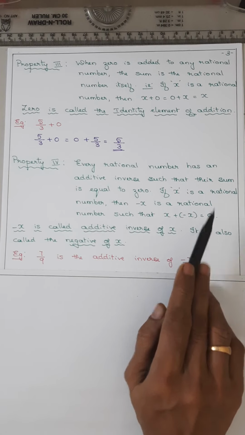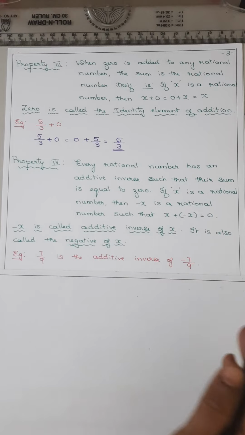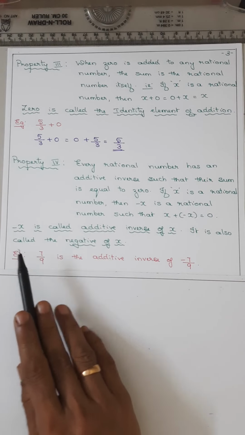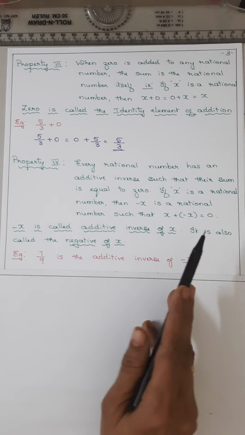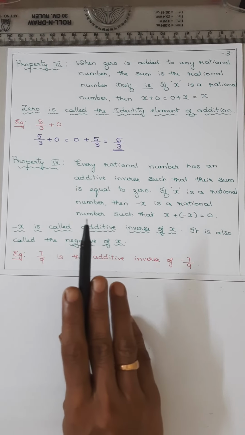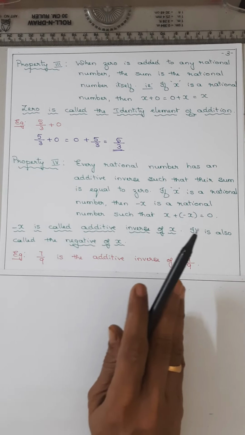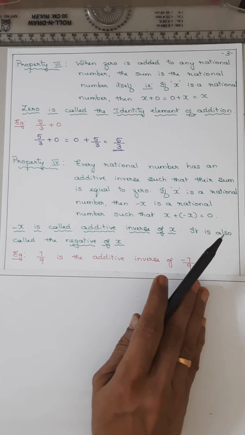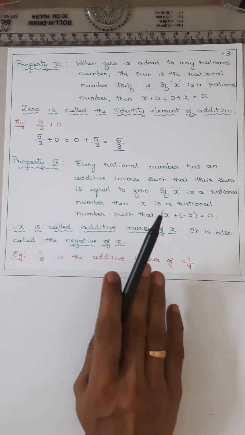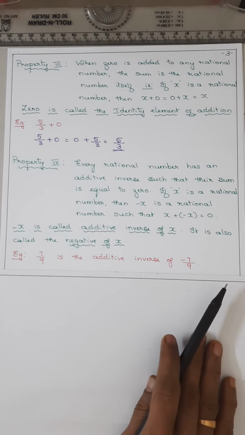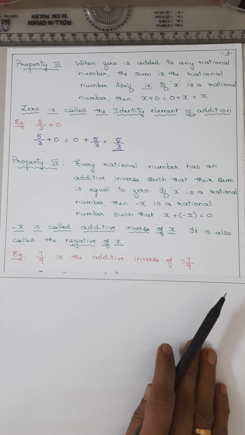That means minus x is called the additive inverse of x. It is also called the negative of x. Minus x is the additive inverse of x and x is the additive inverse of minus x. Opposite signs, the number remains the same.